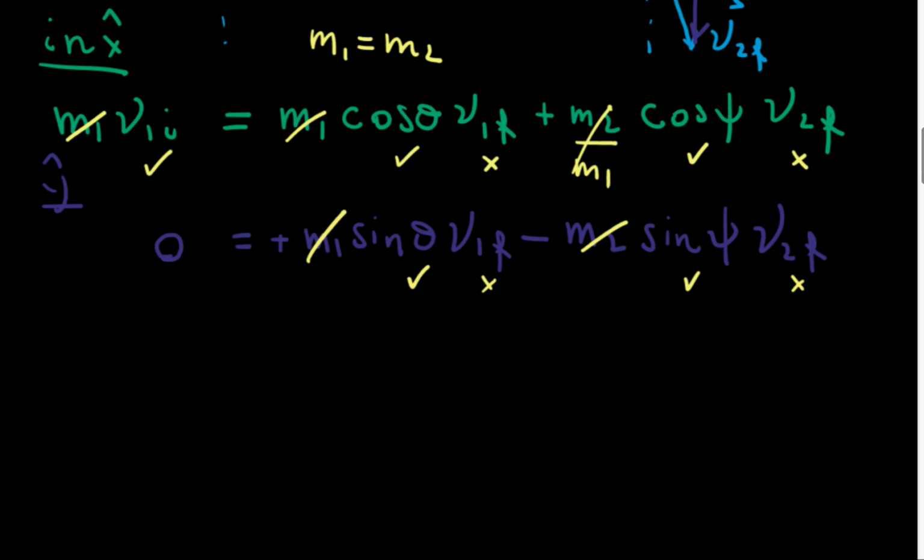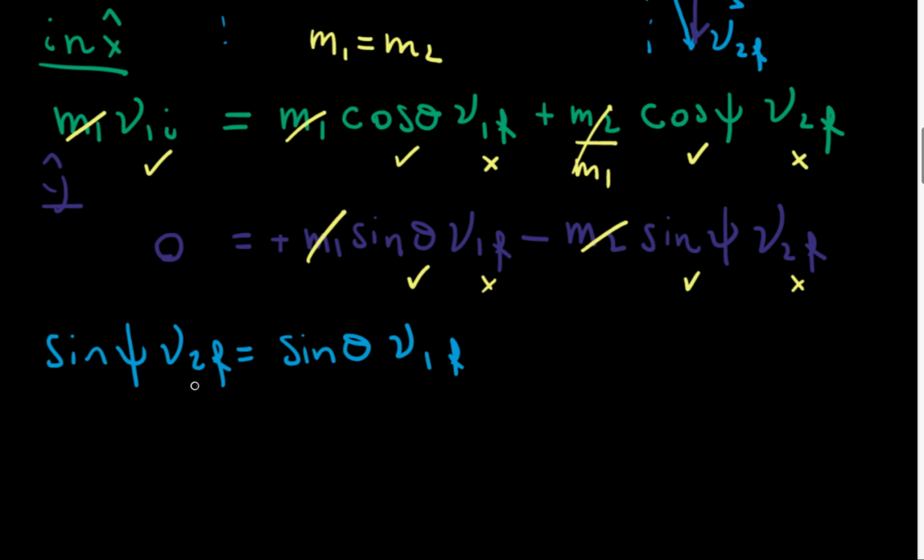And what I mean by that is this. So let's go ahead and pick V2 final. Let me solve for V2 final. If I move this whole thing to the left side of the equation, I get sine of phi V2 final equals sine theta V1 final.